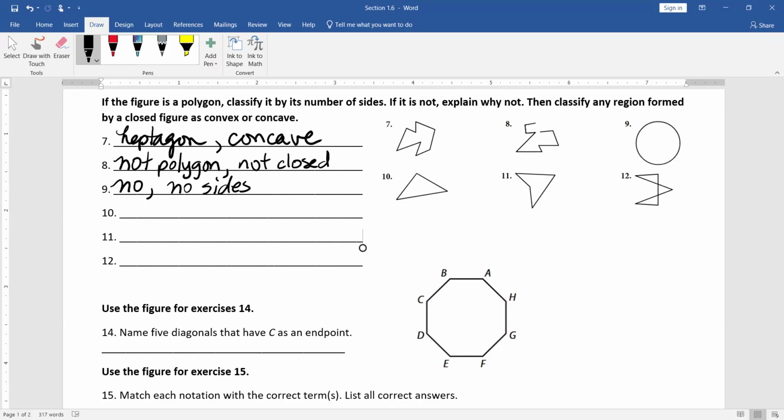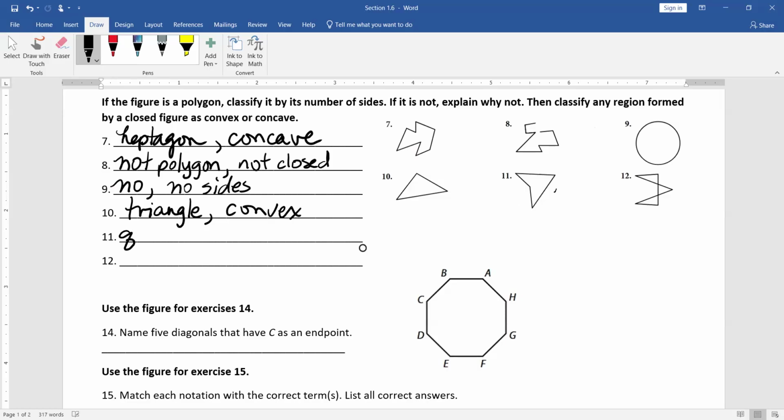Okay, number 10, we have a polygon. It's got 3 sides, so that's a triangle. Triangles are always convex. They don't have enough sides to be concave. Number 11 is also a polygon. It's got 1, 2, 3, 4 sides.